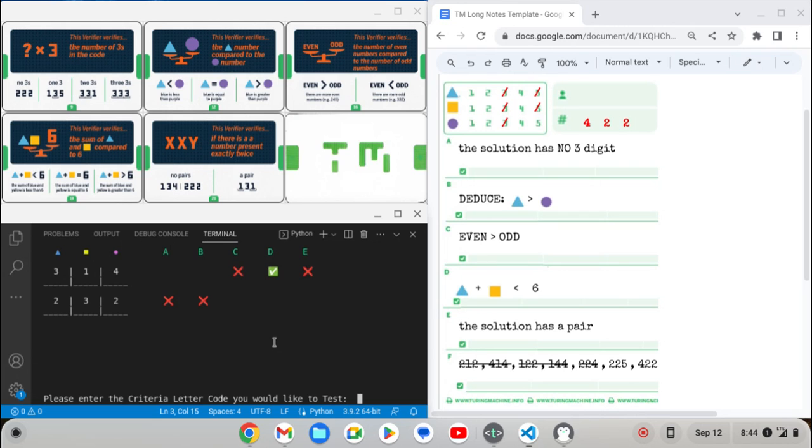Okay, so that means that either triangle is smaller than circle, oh, no, well, 1, 4, 4. Yeah, I just don't see it. 1, 2, 2, 1, 4, 4.